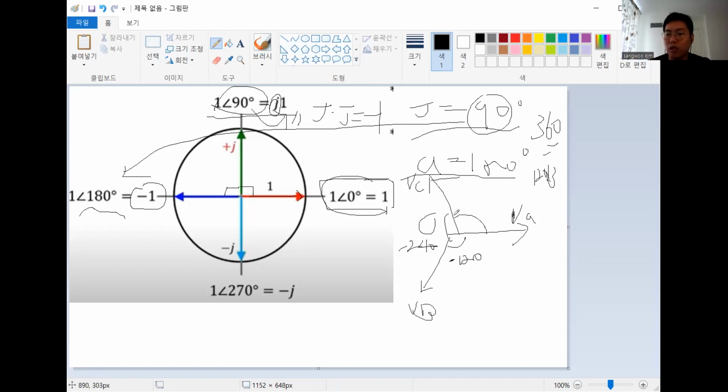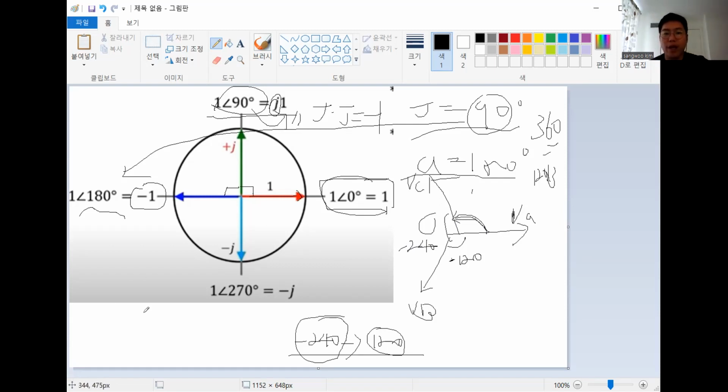But it could also be just 120, because look at that, if we go counterclockwise, it could be the same. This value or just this value is the same. We could explain it in both ways, okay?